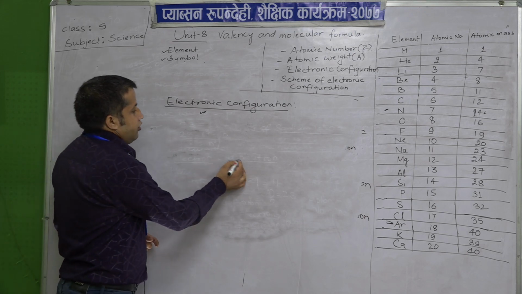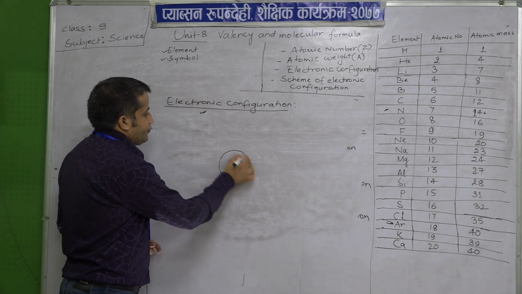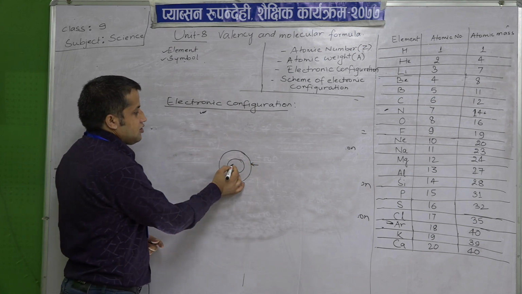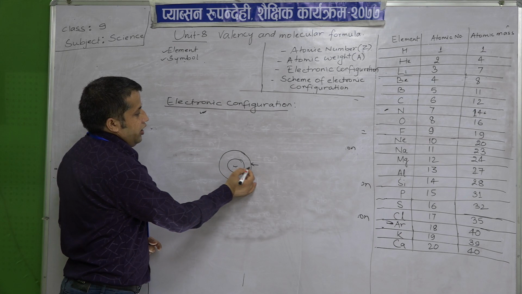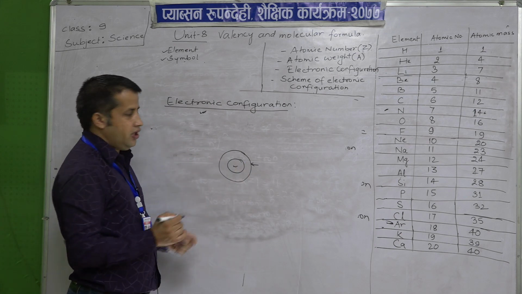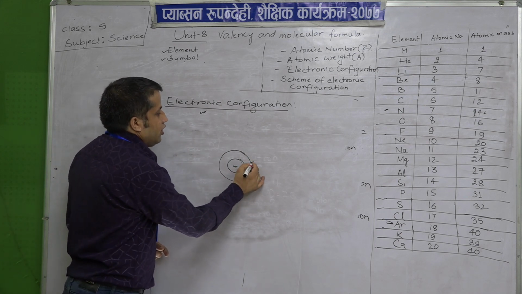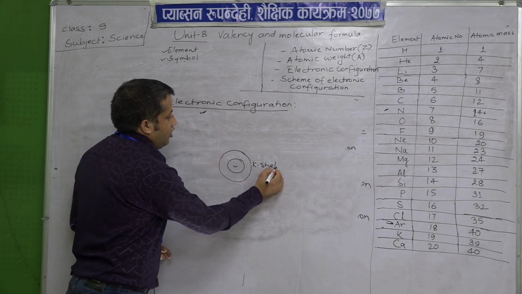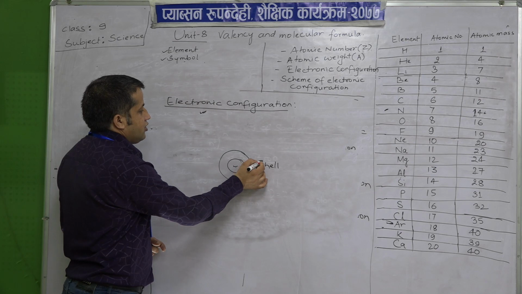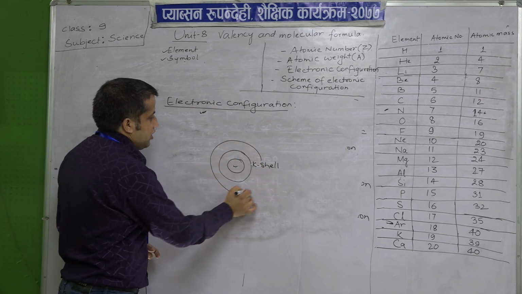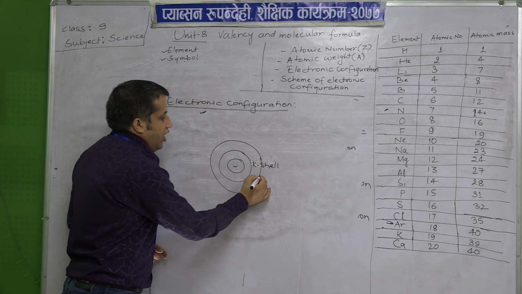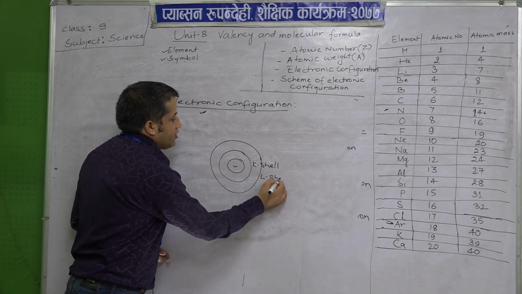So, around the nucleus, suppose this is the nucleus, the shell which is nearest to it is assigned K. It is called the K shell. Another shell which lies after that, the second shell, we can say is the L shell.